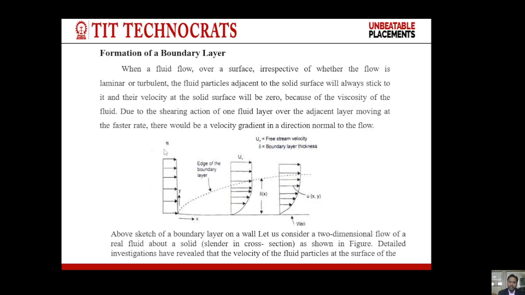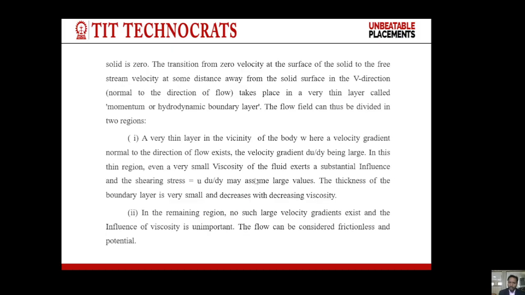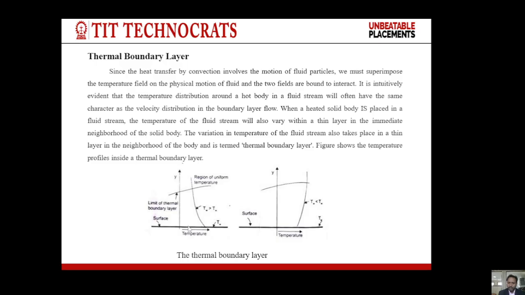In case of the hydrodynamic boundary layer, due to the velocity gradient, a thin layer of fluid forms, because the fluid layer next to the surface is at a lower velocity than the fluid flowing at the free stream velocity. Similar to this, due to the temperature difference between surface and fluid, the thermal boundary layer will also be formed, and this is the thermal boundary layer profile.